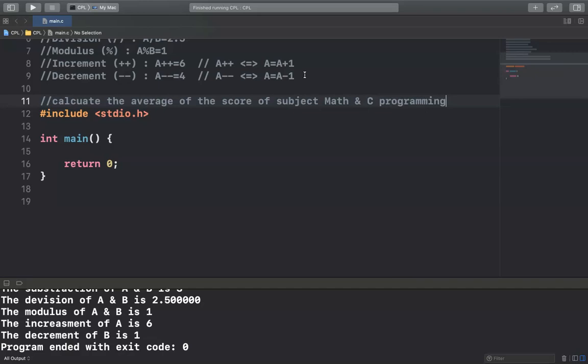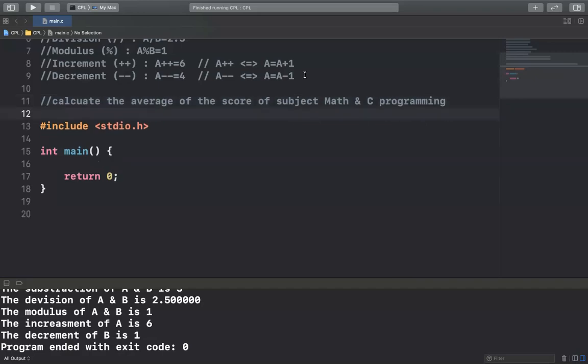So what you have to do? Normally, you have to think that if you want to calculate the average of this subject score, you have to know the subject score.